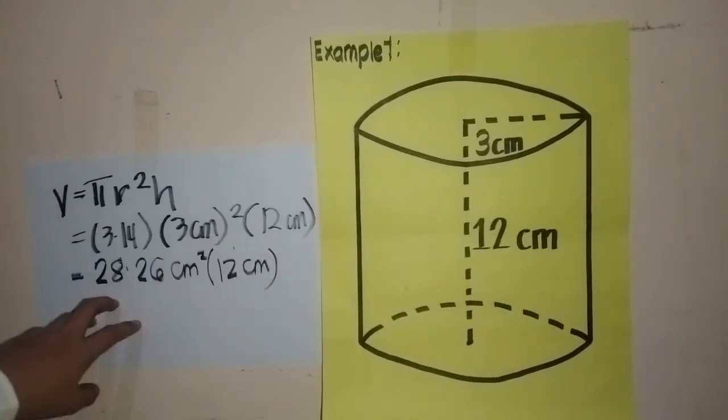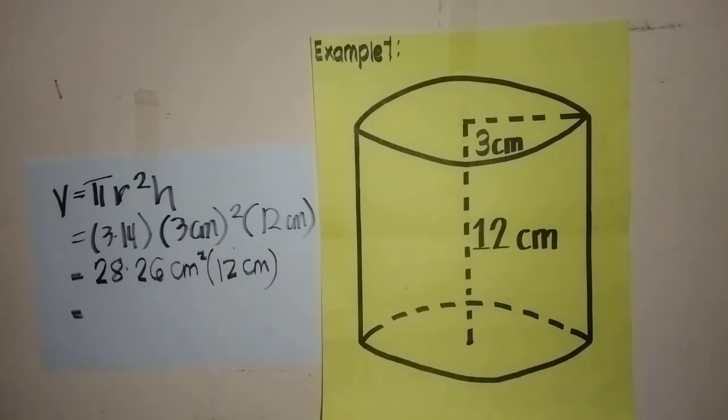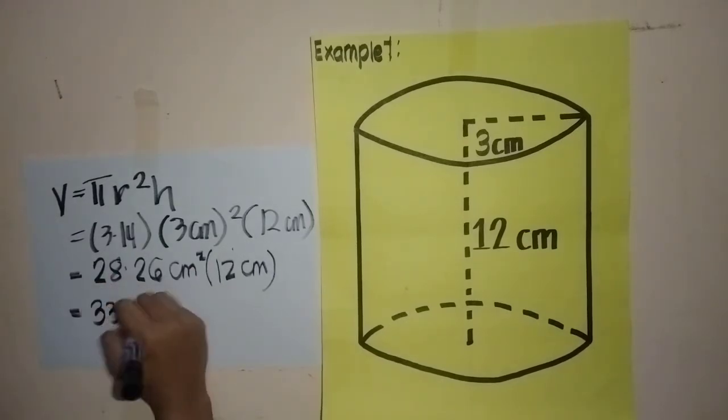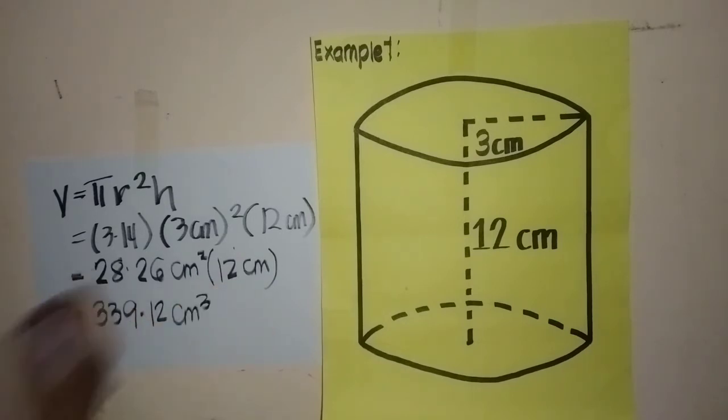So 28.26 centimeters times 12 centimeters is equal to 339.12. So a cylinder has a volume of 339.12 cubic centimeters.